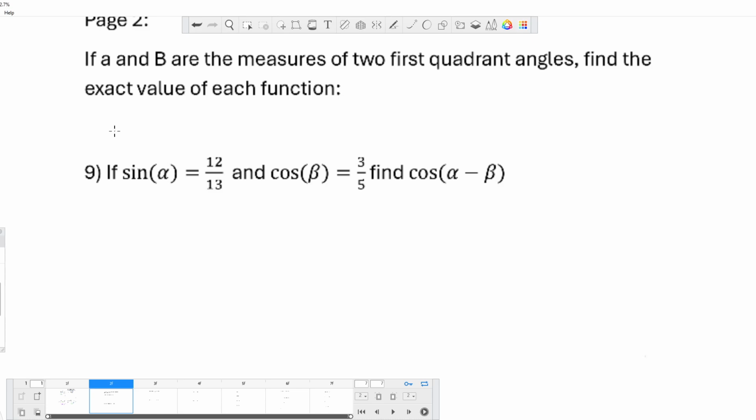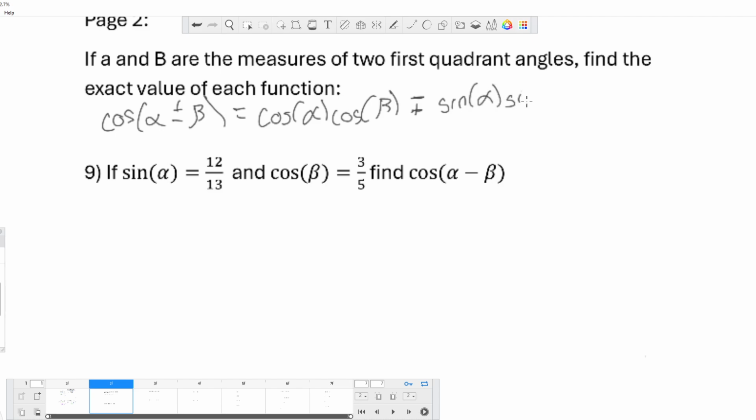In the cosine version of the formula, cosine of alpha plus or minus beta is equal to the cosine of alpha times the cosine of beta, then minus plus, so the opposite of whatever was inside of there, sine of alpha, sine of beta.